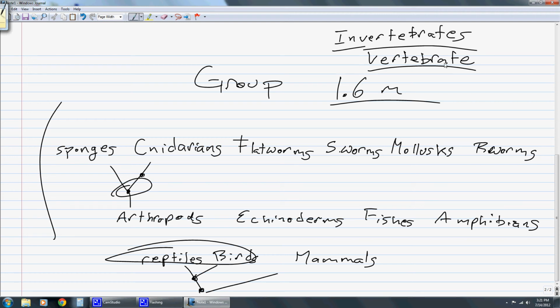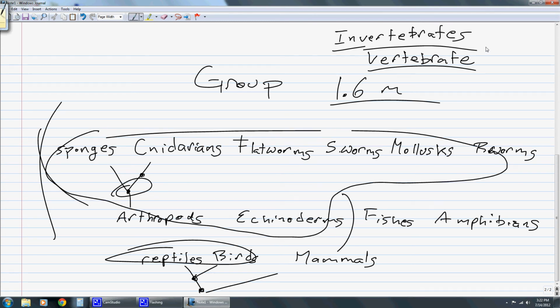So you have the vertebrates, so those with backbone, and invertebrates, so those without a backbone. And where it splits is it splits right here. So this group all in here will not have a backbone, so they will be known as invertebrates. The fishes, amphibians, reptiles, birds, and mammals will have a backbone.